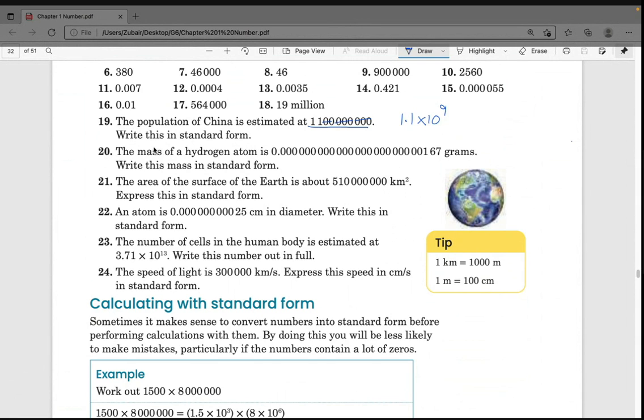Number 20. The mass of a hydrogen atom is this much grams, write in standard form. Is it readable?